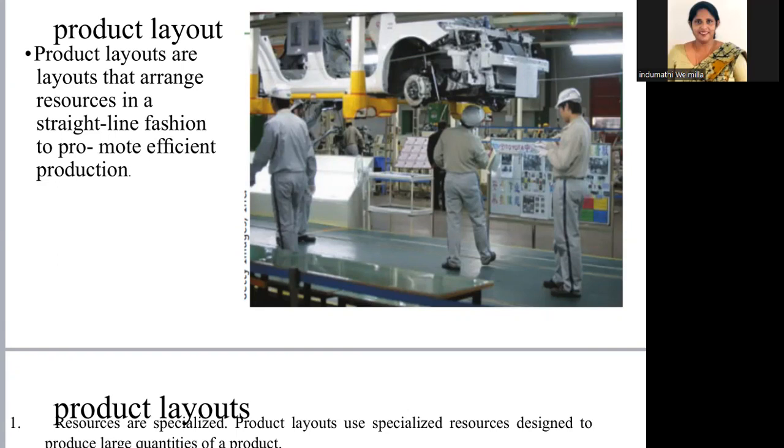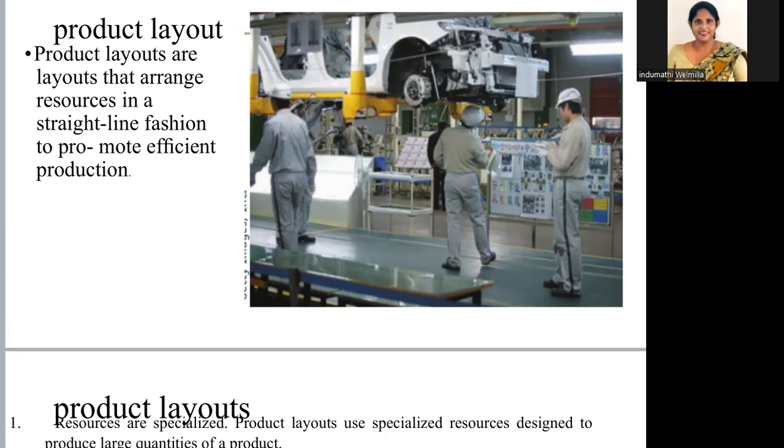Automobile production on the assembly line is an example. Also a chemical plant, cement factory, and steel plant are very good examples of this type of layout. The layout is particularly suited for a flow and continuous production process structure.